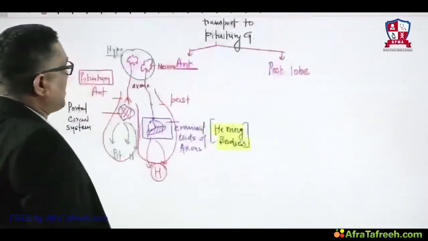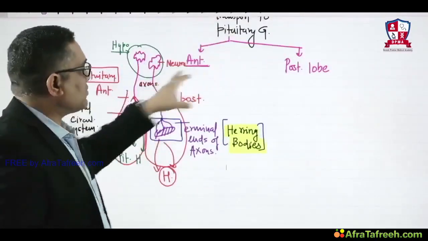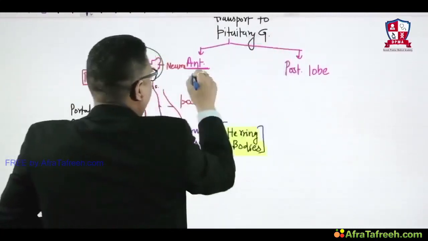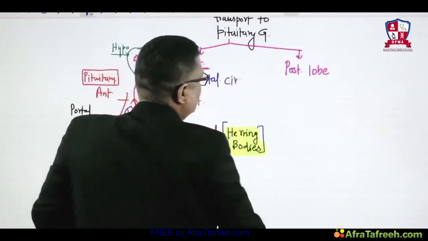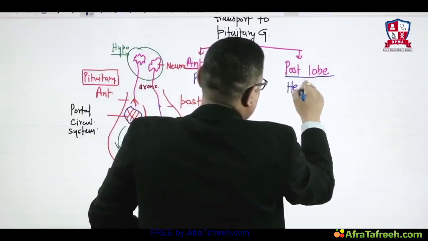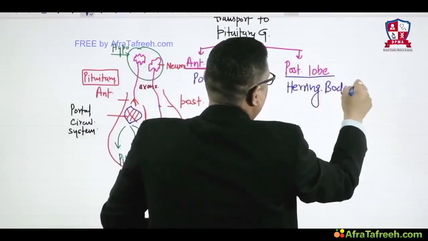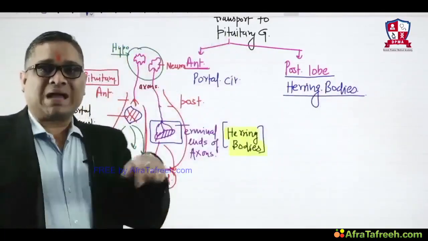Now you can have a very clear idea that when this axonal transport is going to the pituitary gland, in the anterior lobe it involves portal circulation, whereas in the posterior lobe it involves Herring bodies, which are the terminal ends of the axons of the hypothalamic neurons.